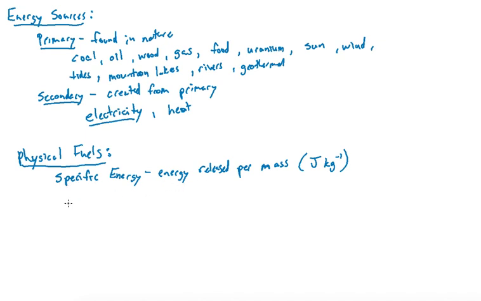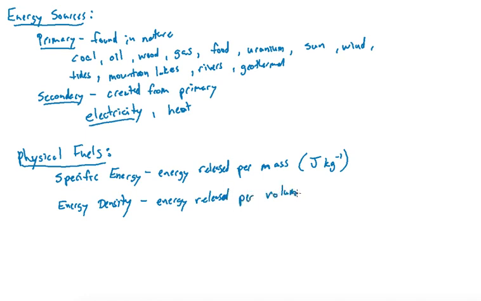And then we'll have an energy density. So energy density, we see this word density, and unless they put a word like linear or something like that in front of it, then this is a per volume thing. So this is energy released per volume.